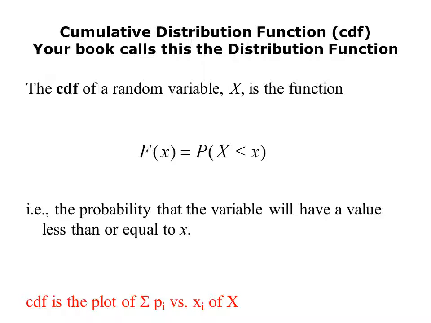So that's why it's called cumulative, because it's that value or less. It doesn't sound particularly useful, but in fact it's extremely useful once you get familiar with how to use it. In other words, the probability that the variable will have a value less than or equal to the value x. And the CDF is the plot of the sum of the lumps of probabilities from the smallest x to the particular x of interest at that point.